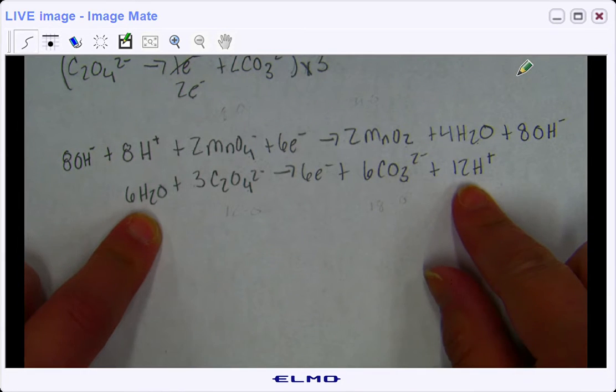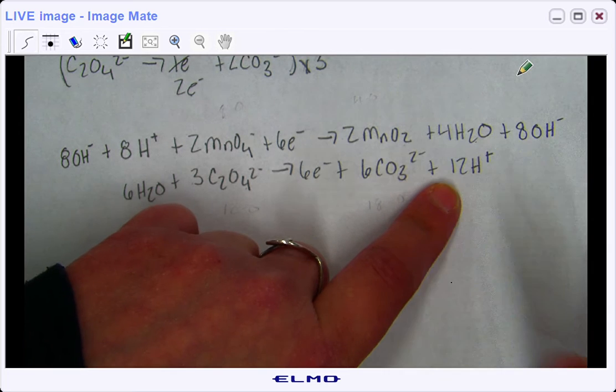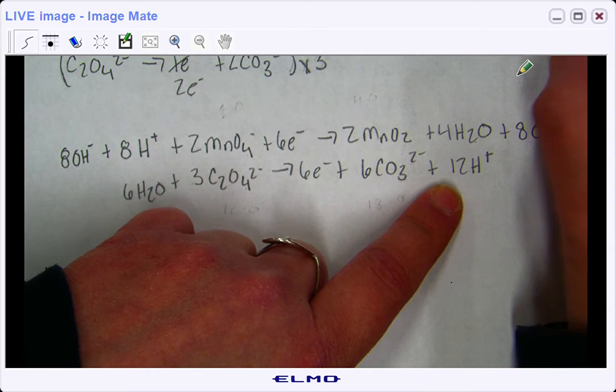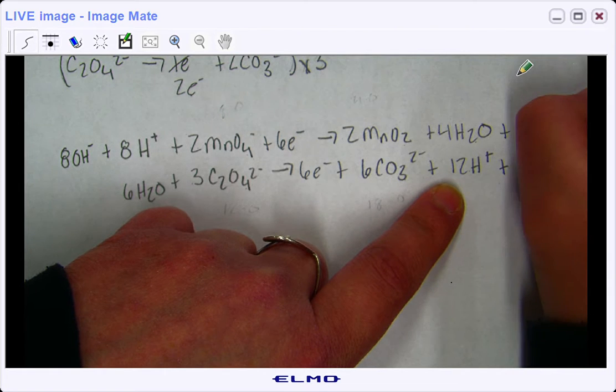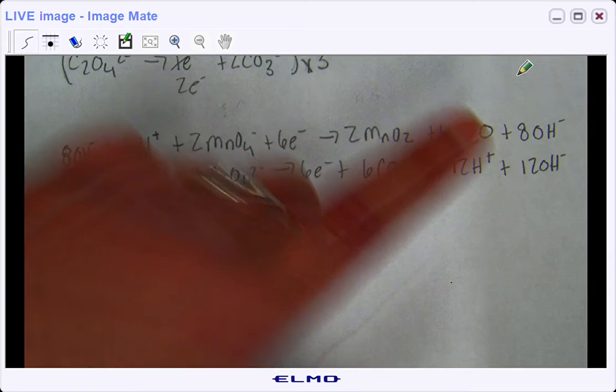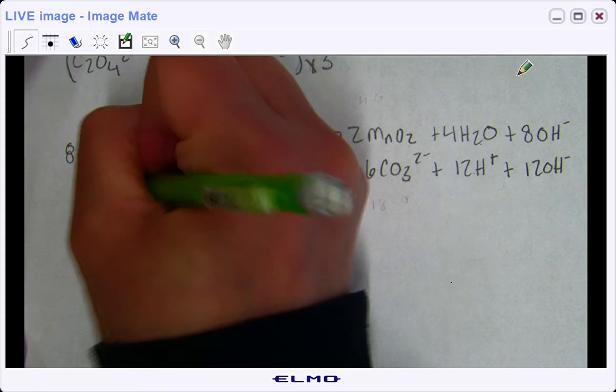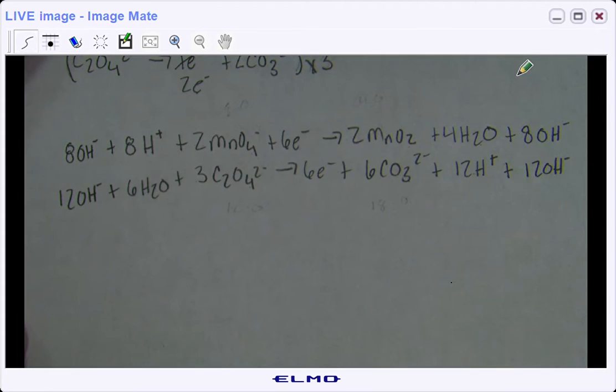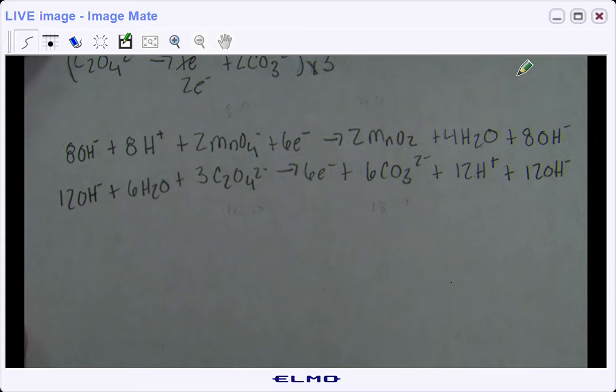Now, my final step, I have to balance these hydrogen ions with hydroxide. So if I add 12 hydrogen ions, I also have to add 12 hydroxide ions, and I have to add it to both sides. Again, law of conservation of mass. Mass is not created or destroyed, it simply rearranges.